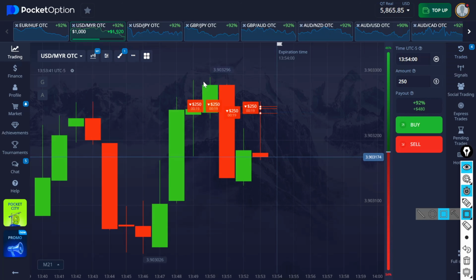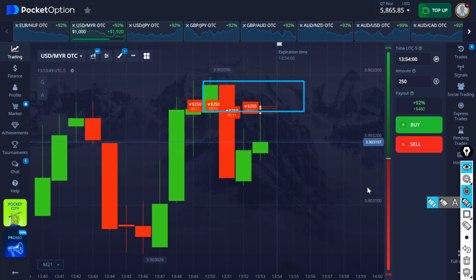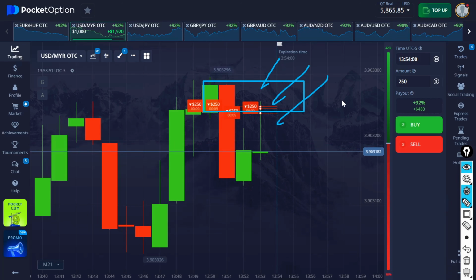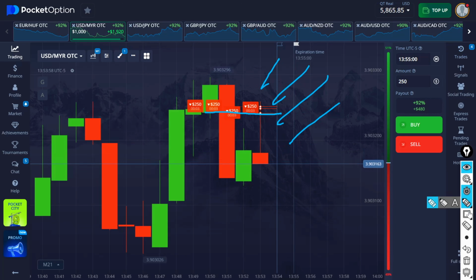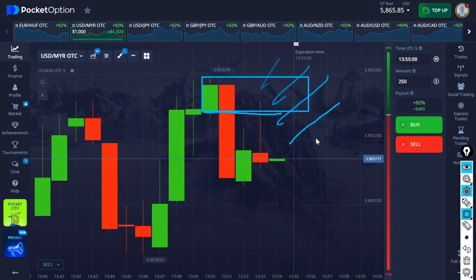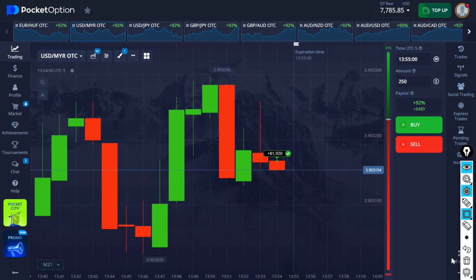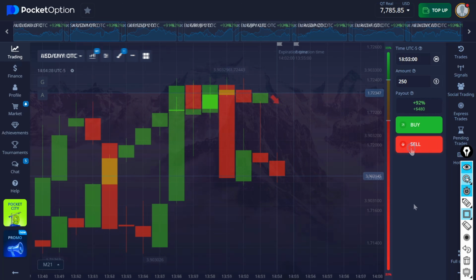Many of my students love this strategy, and I know why, because you see how accurate the price is just rejecting. Look at that. It rejected right from the area of my zone. See what I'm saying? Come on. Guys, you see that late closing? I don't like this. This is very annoying.